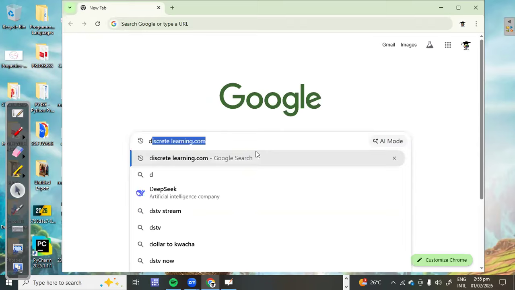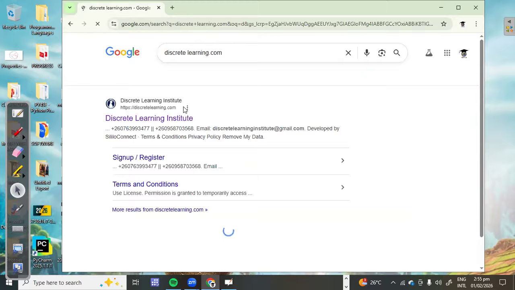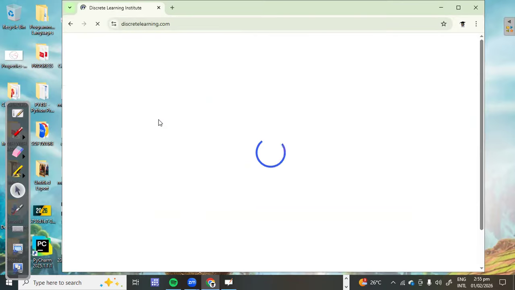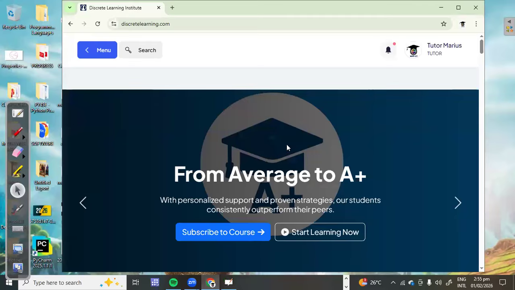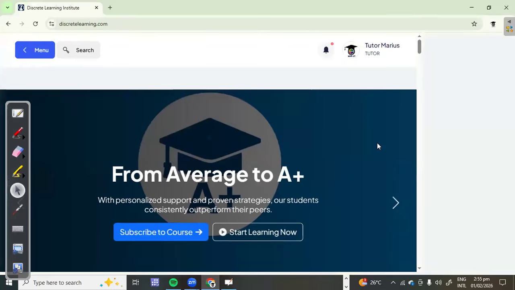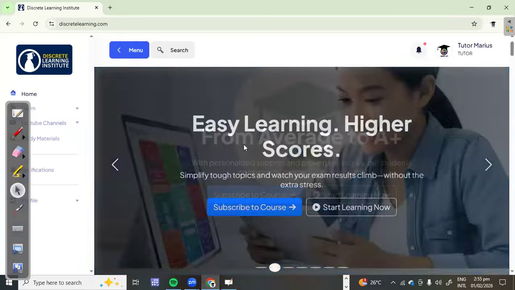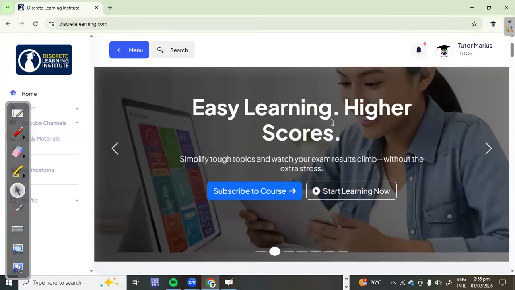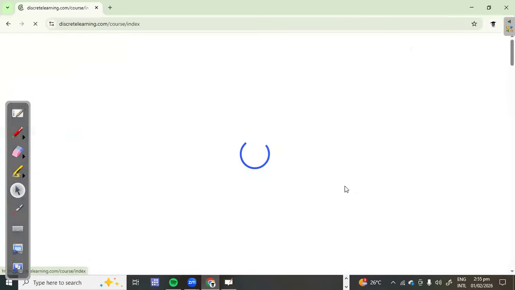So you see discretelearning.com pops up there. And then you can click on there. After you click there, you find this website here. If you do not have an account, you can make an account here. Just go for start learning.